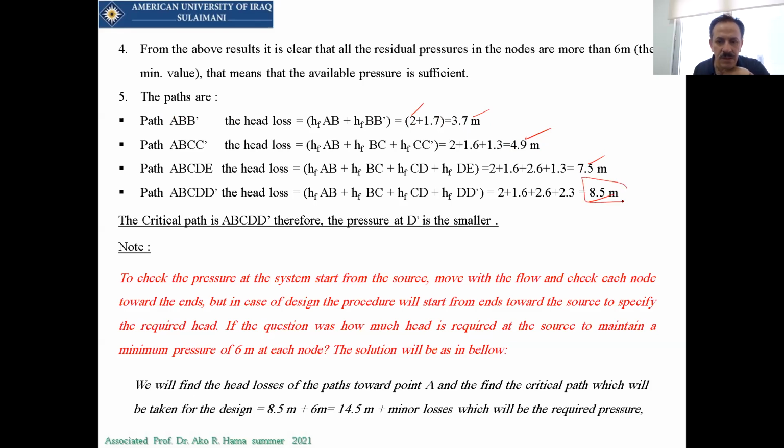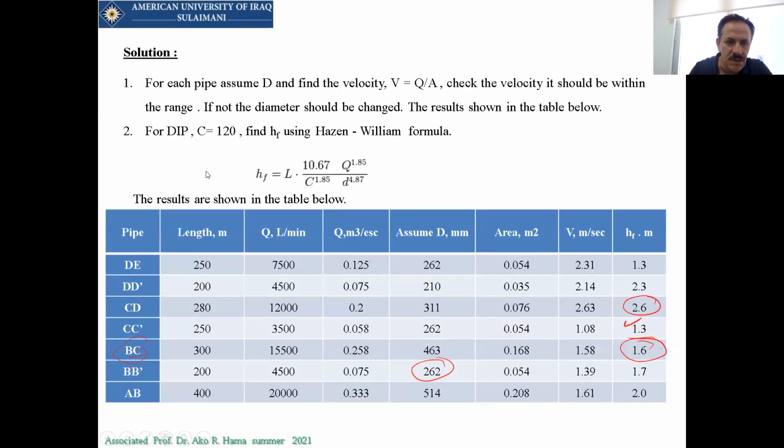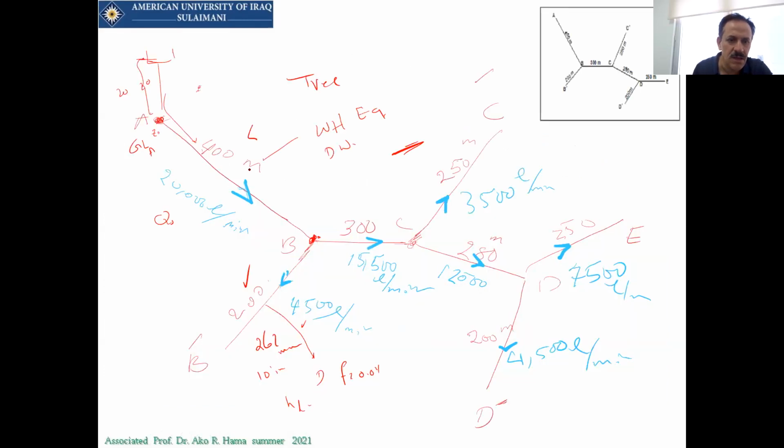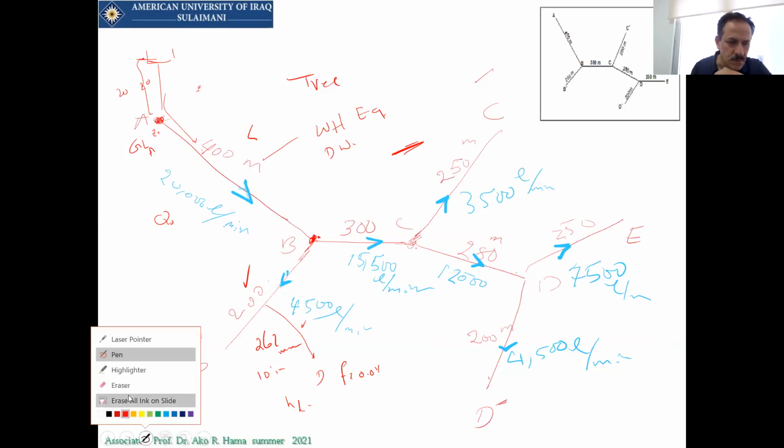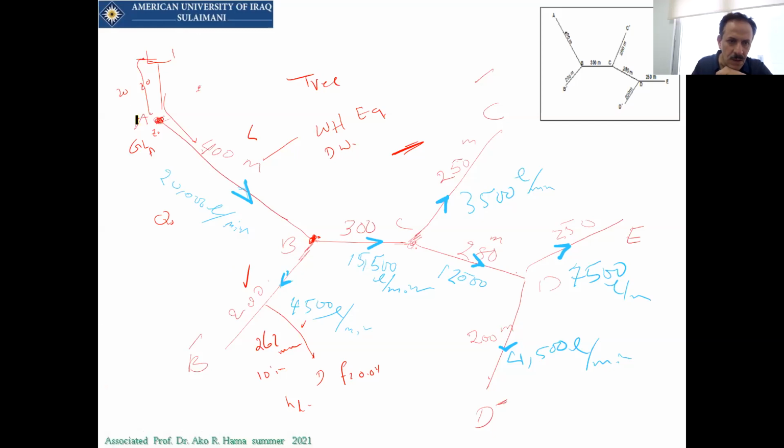So you can see this one is the critical, or the ultimate, head loss. What is it? It's A, B, C, D, D bar.